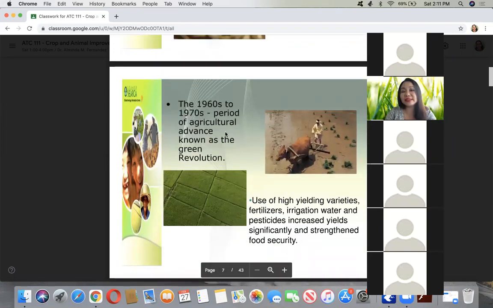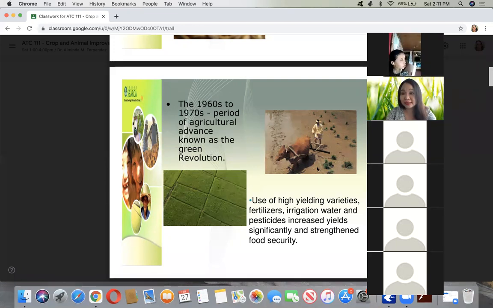In the 1960s to 70s, it was marked as a period of agricultural advance known as the Green Revolution. Why Green Revolution? Because instead of the existing crops and animals, we used high-yielding varieties.